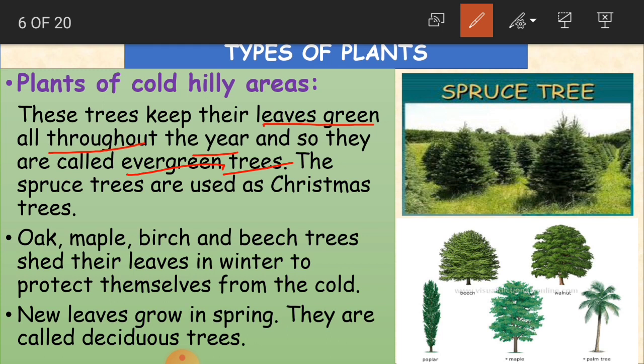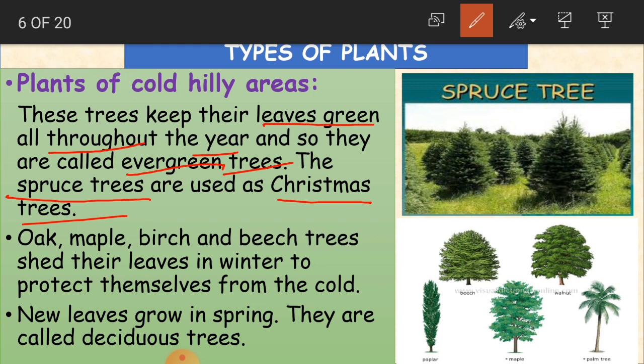But here these leaves remain green throughout the year. They are not going to shed. That is why these are called evergreen trees. Clear, children? For example, the spruce tree, and this is used as the Christmas tree. We call it the Christmas tree.